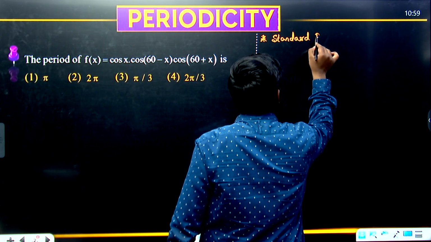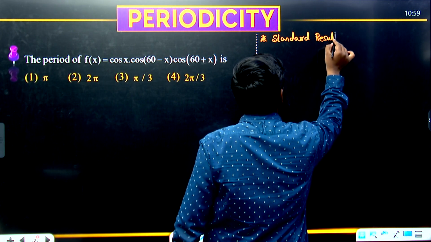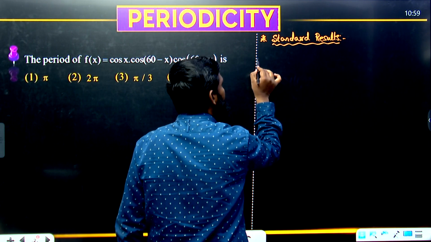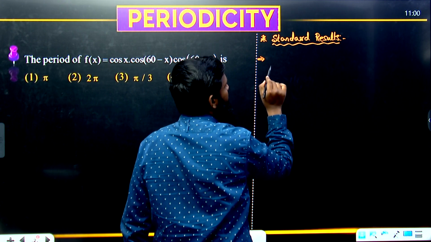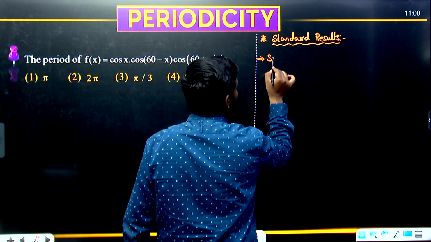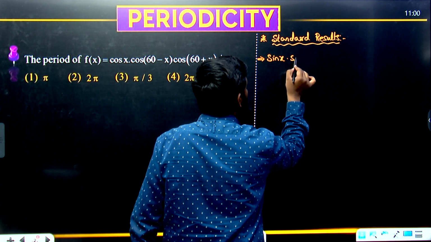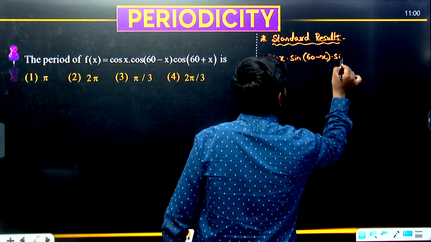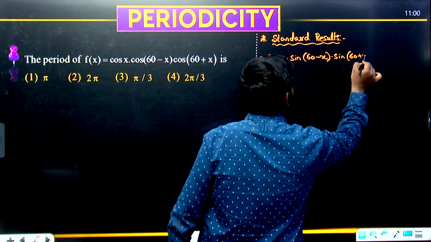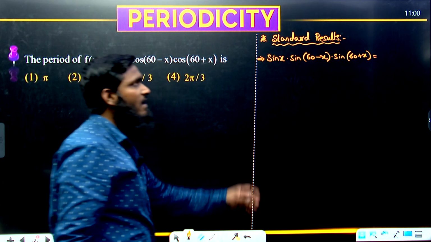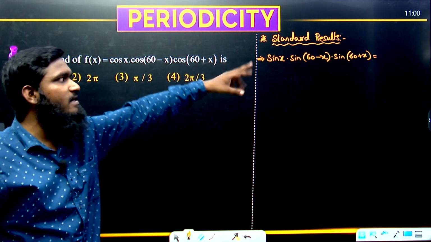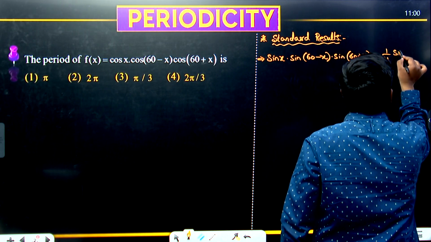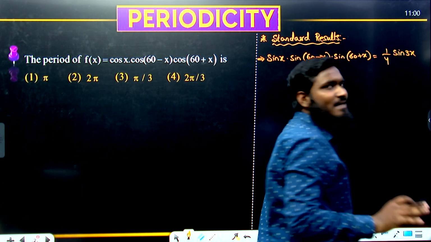Instead of solving all those questions, if you remember these conditions, then we can write the answer very easily. Suppose we have sin x · sin(60° − x) · sin(60° + x). Whenever we have this type of question, we can write directly 1/4 sin 3x. This part we have to write directly.